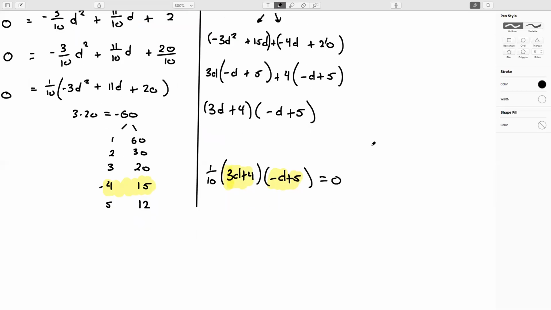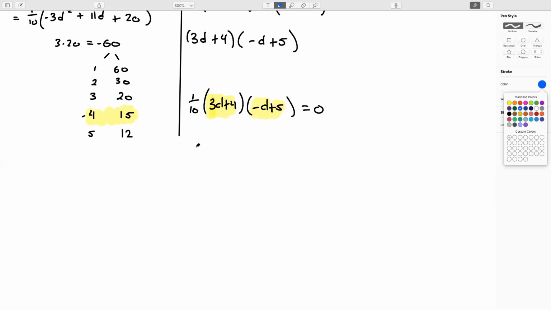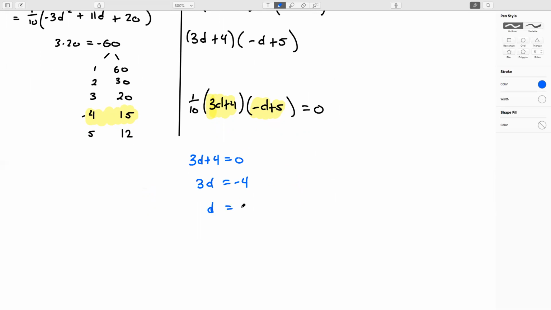So start with the first set of brackets. Let's start with 3d plus 4. 3d plus 4 equals 0, that means that 3d equals negative 4. That means d equals negative 4 over 3.